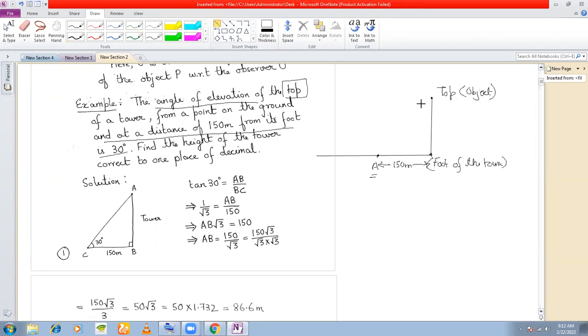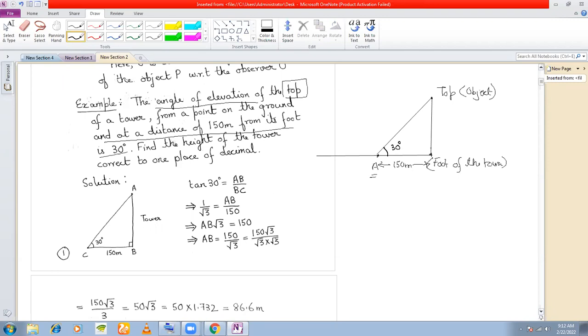That means if we join the top to the point A, and you know that the angle of elevation is the angle made by the line of sight with the horizontal, then this angle here is 30 degrees. This is the angle of elevation.